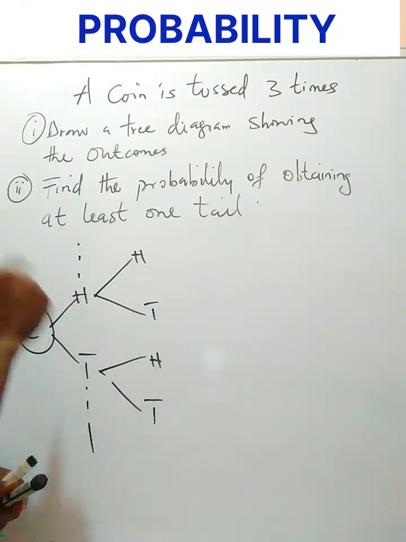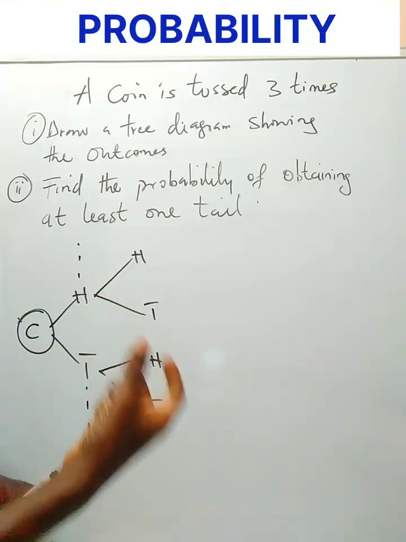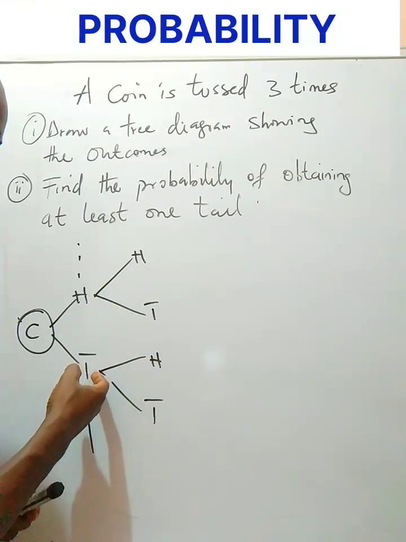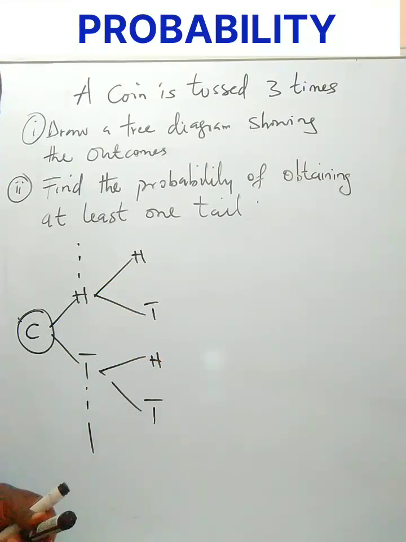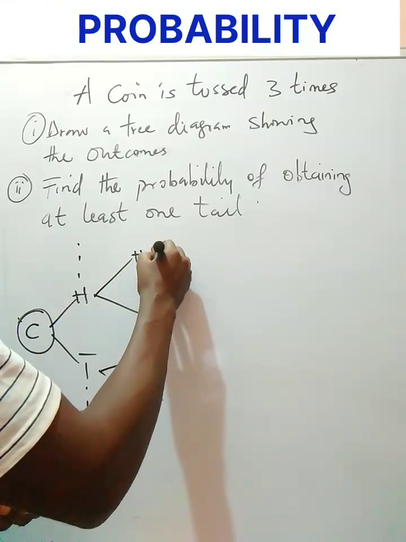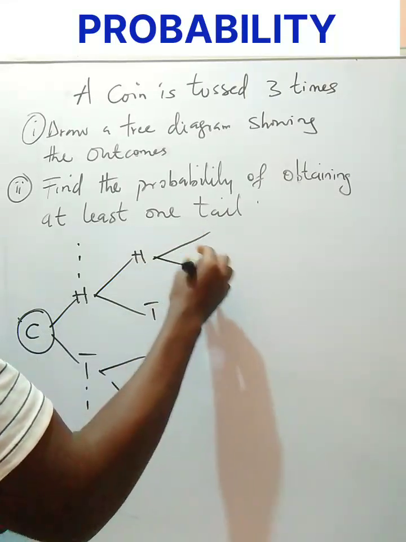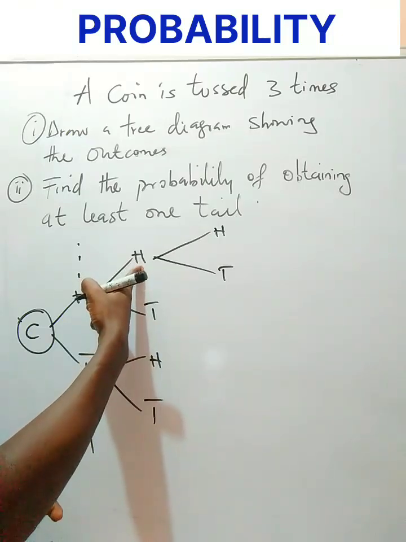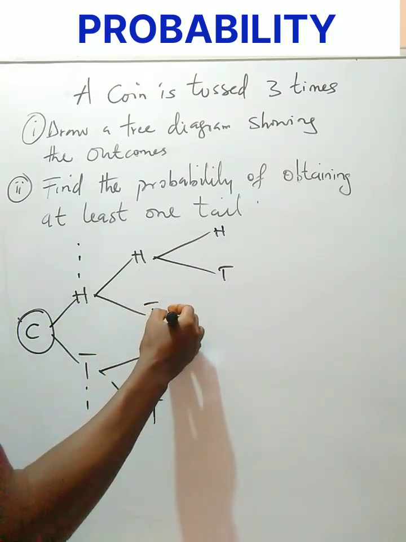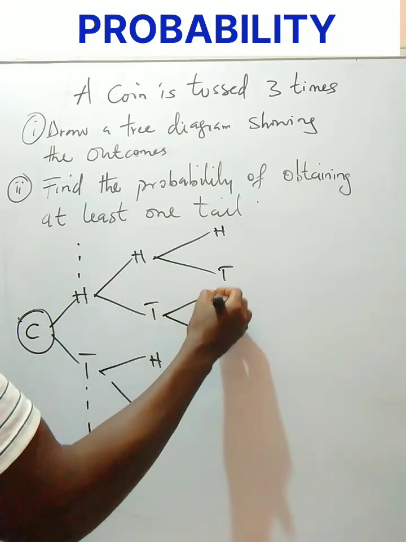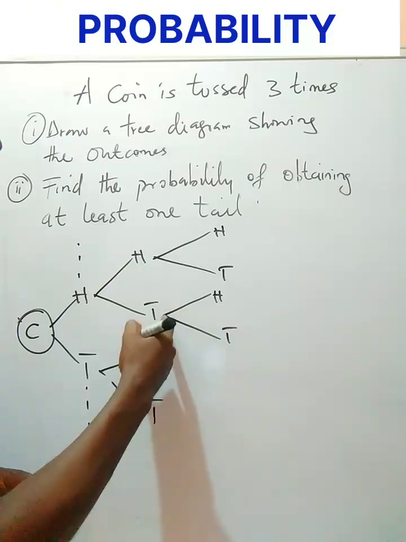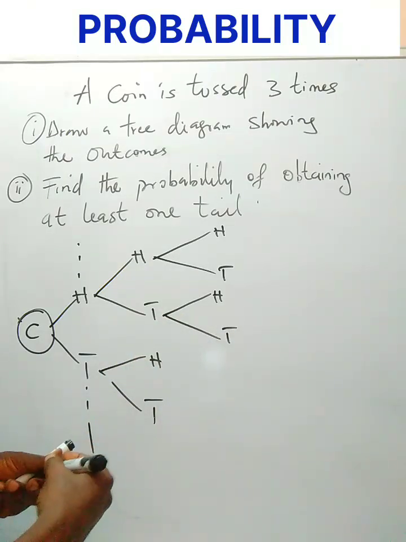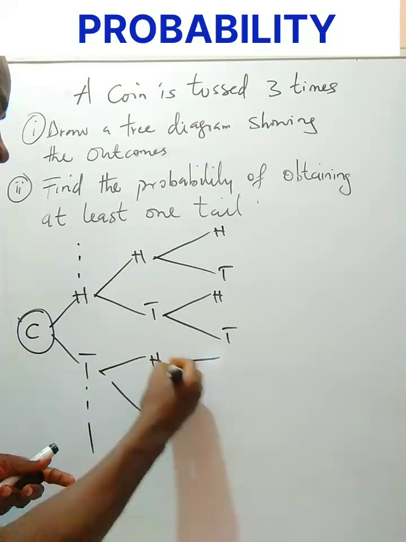If the first was a tail, then for your second toss, you can also get a head or a tail. And then for the third toss, you can get a head or a tail if the outcome of the second was a head. You can also get a head or a tail if the outcome of the second was a tail.